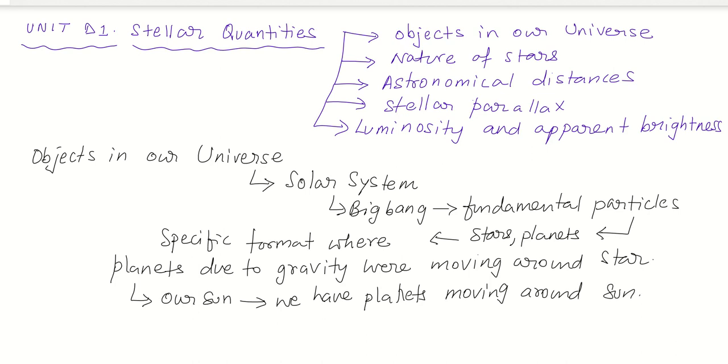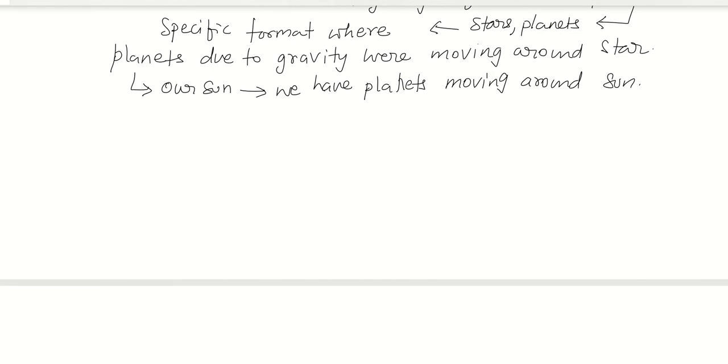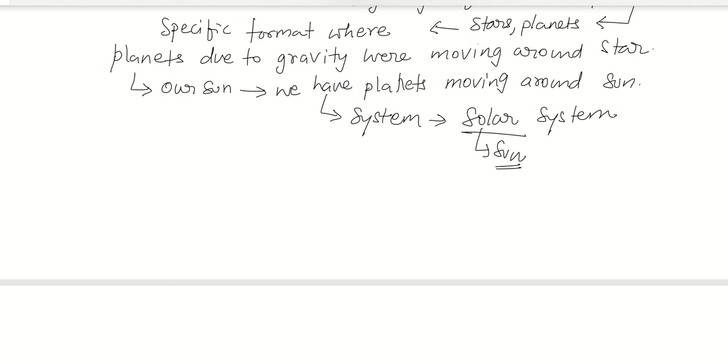Okay. Now, this setup where you have planets moving around sun, this system is called solar system. Solar means it represents here sun. So we have a solar system. Now, what do these solar systems actually have?